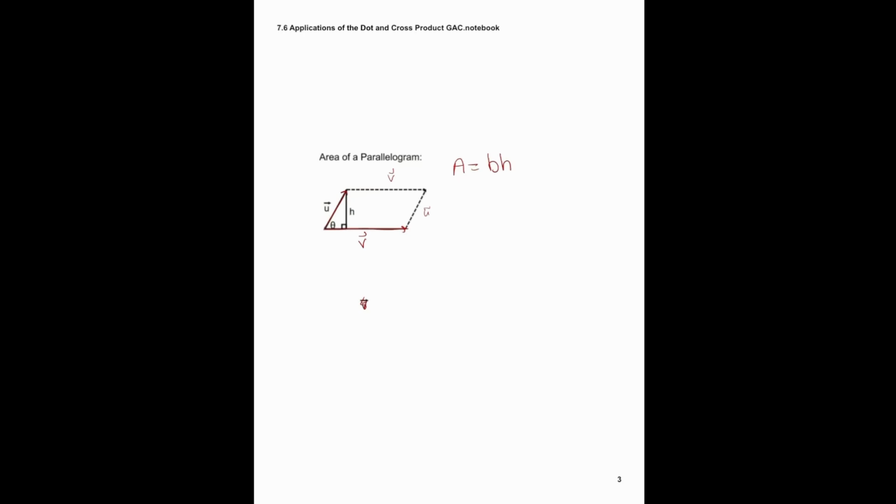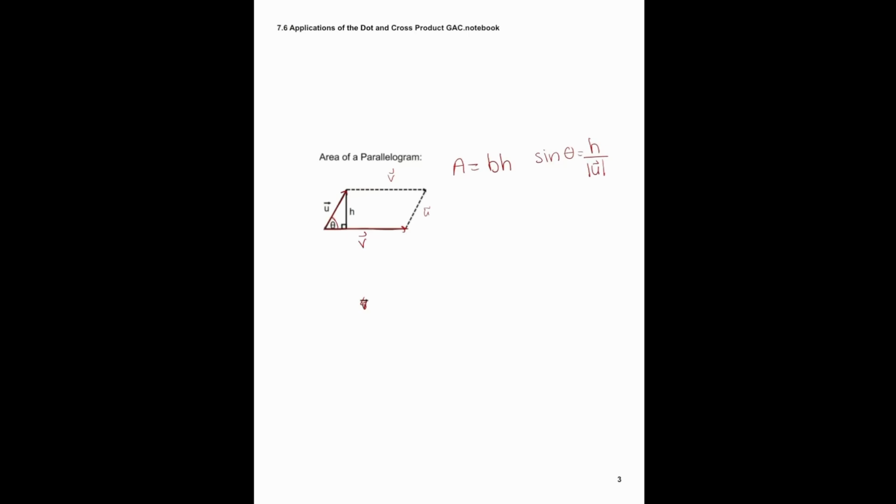If we know this angle theta, we can figure out the height using our basic trig, because I know then that sine of that angle is equal to the height, or my opposite side, divided by the magnitude of vector u, which happens to be the hypotenuse.